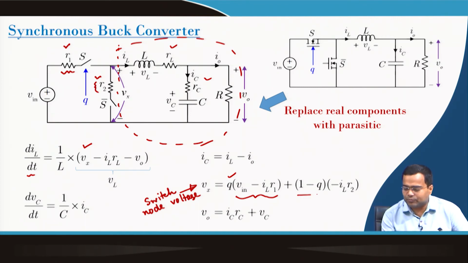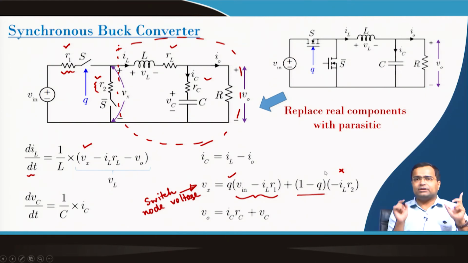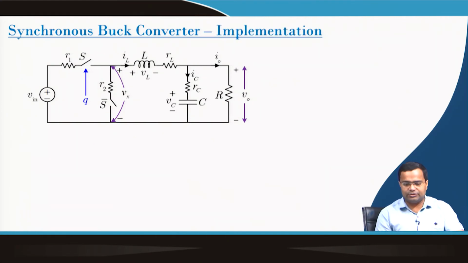And 1 minus Q means when Q is 1, this part does not arise. When Q is 0, then this part arises. So, depending upon the Q configuration, it is a pulsating voltage.